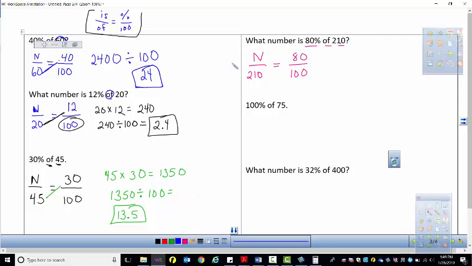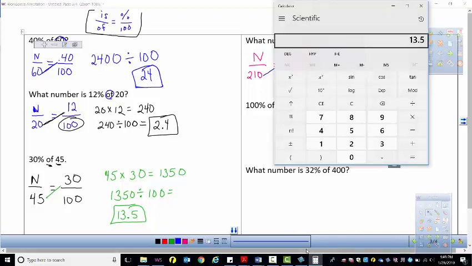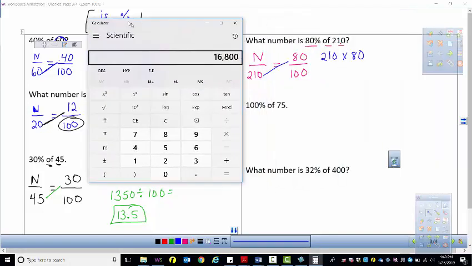Now I have a proportion, so I'm going to cross multiply the two numbers that I know. I know these two numbers. So I'm going to take 210 times 80. 16,800.